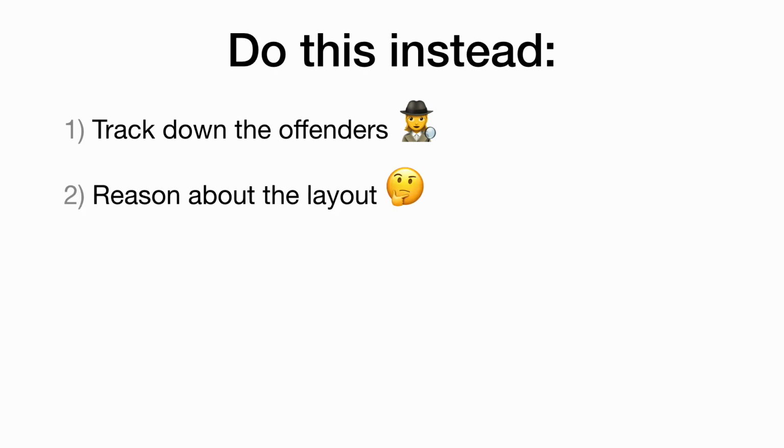And once you're there, you can start to reason about your layout. And what I mean by this is take a step back before you just start changing constraints and moving things around, and try to really get an idea of what this view is doing. I think a big part that helps when you're building layouts is looking at the layout first, looking at how views are positioned. If you need to support iPads, for example, think about how this should change once I go to an iPad.